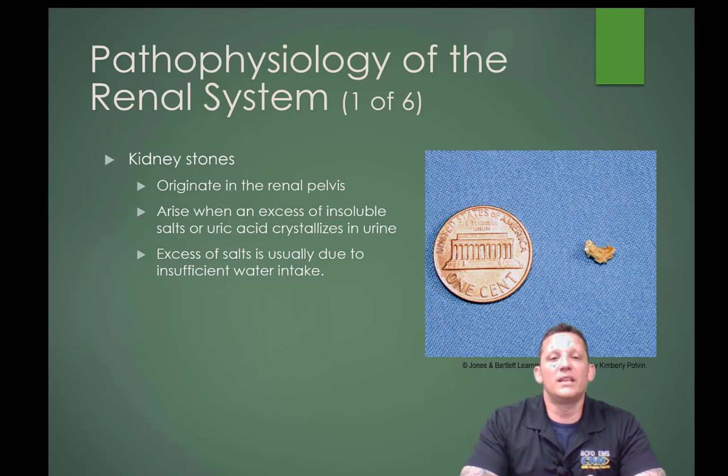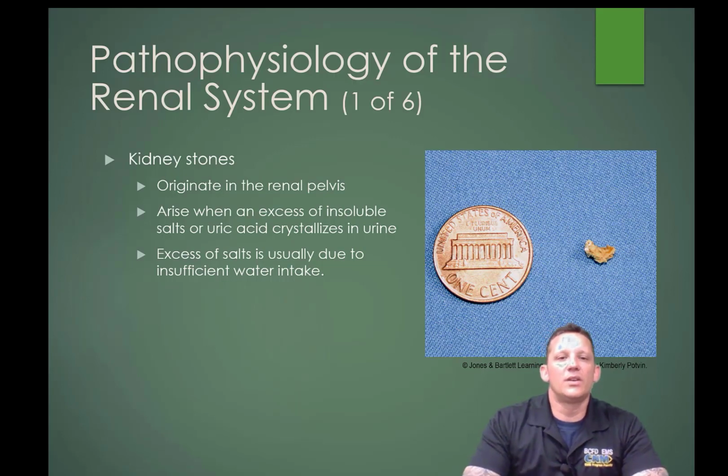Kidney stones will originate in the renal pelvis, which again is that kind of hook shape going into the ureter. When there's an excess of insoluble salt or uric acid crystallizing in the urine, it will tend to build up. These are usually measured in millimeters, and the inability to push the stone through the ureter into the bladder and then eventually through the urethra is what causes the pain.